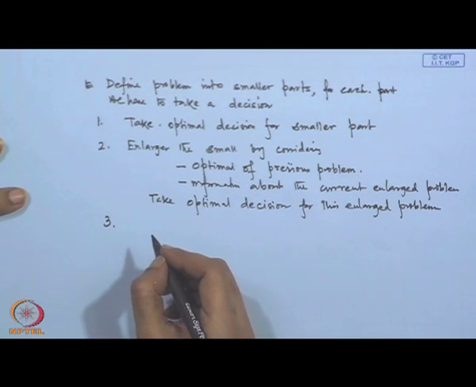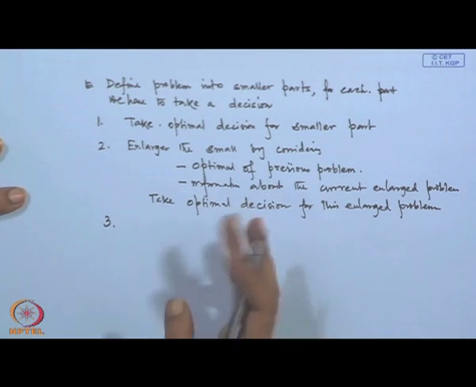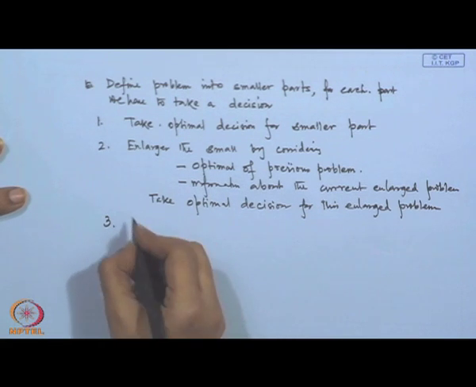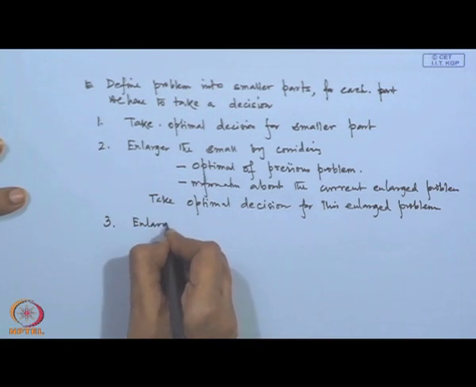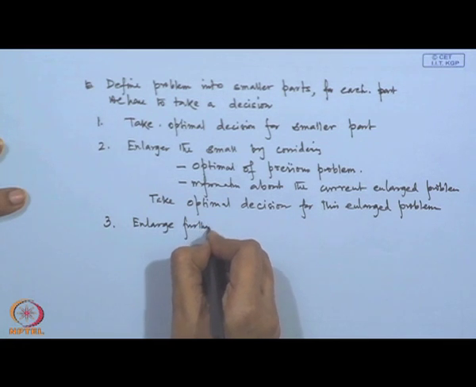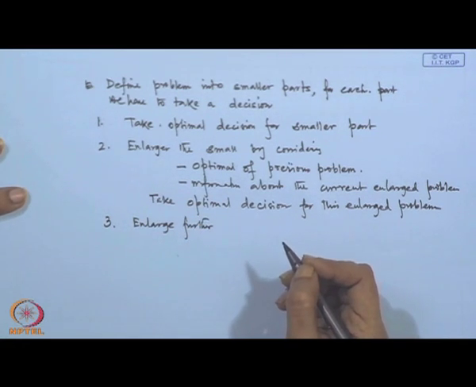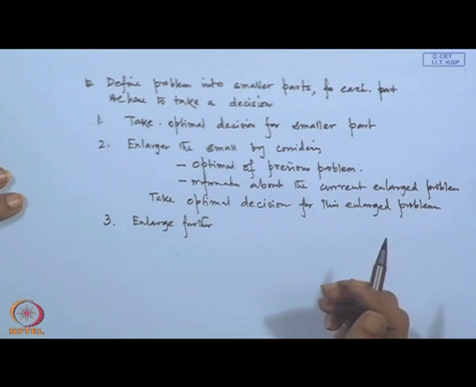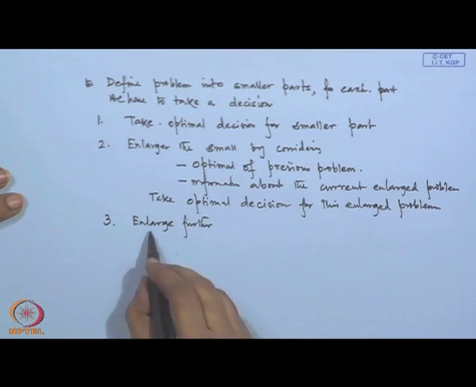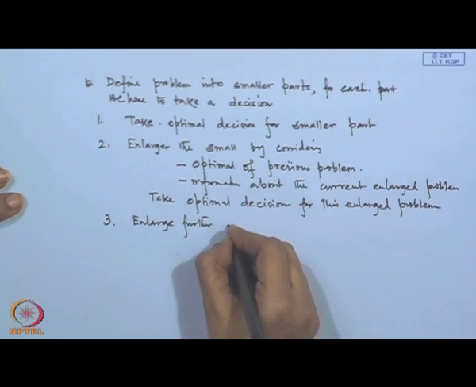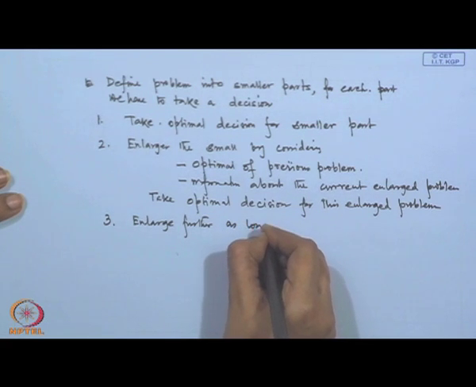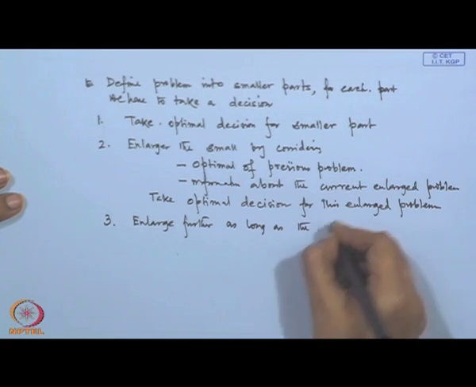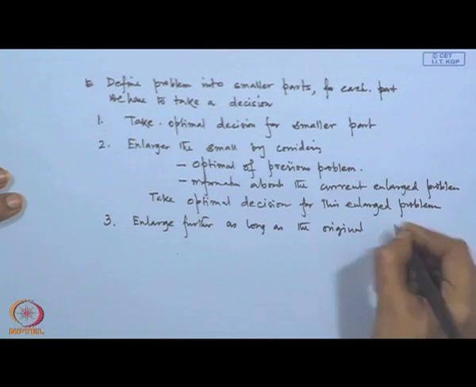We will repeat the process, which means we have started from a smaller part, enlarged it a little bit, then enlarged it further. How the enlargement is done, how the smaller problem will be converted to a bigger problem, I will show you with an example next, and that is the technique for solving with the dynamic programming methodology. Enlarge further as long as the original problem is addressed fully.